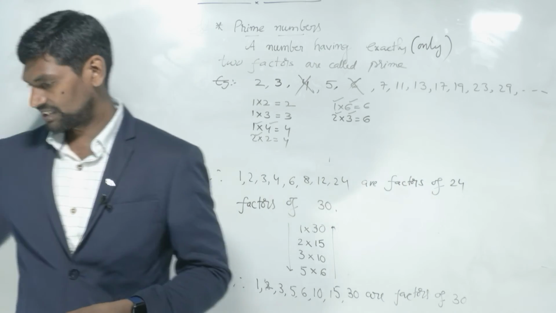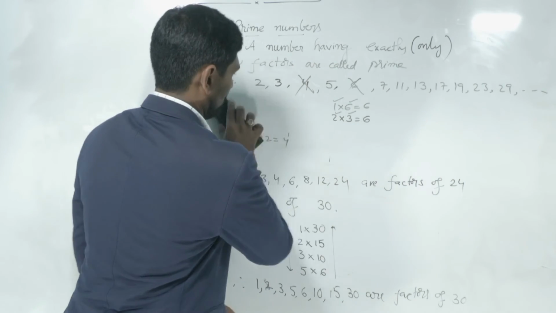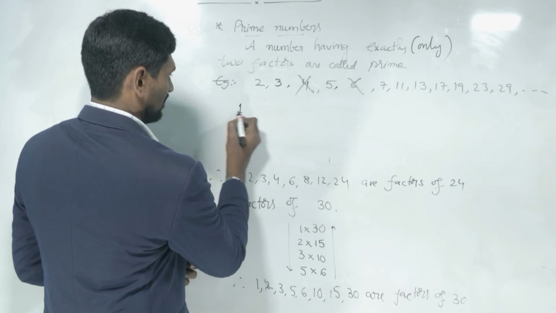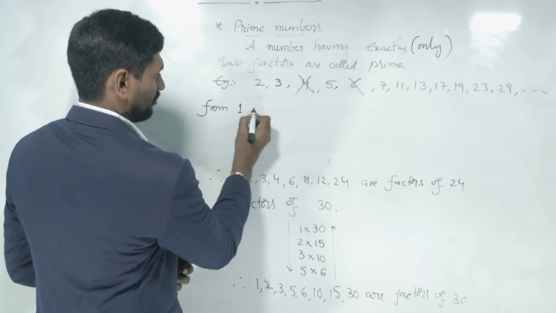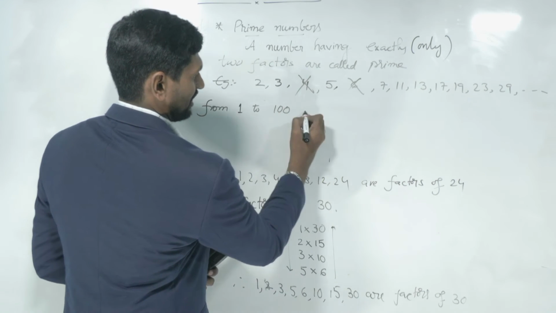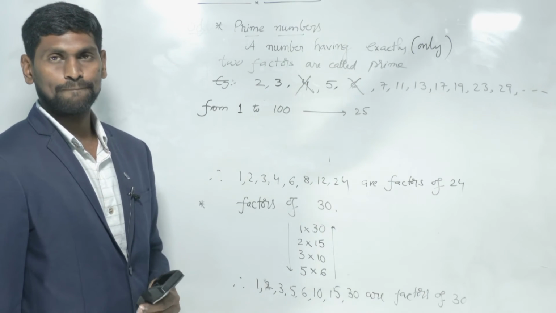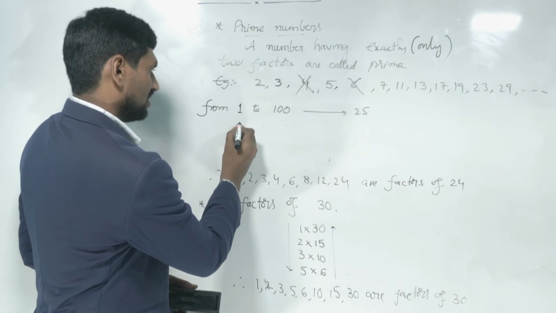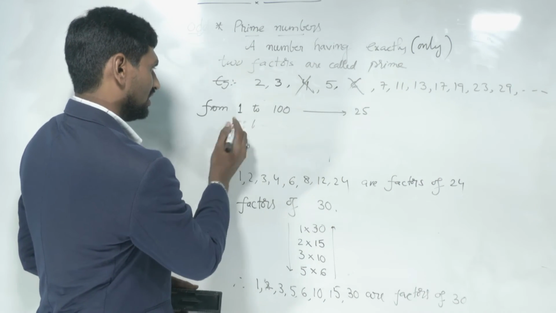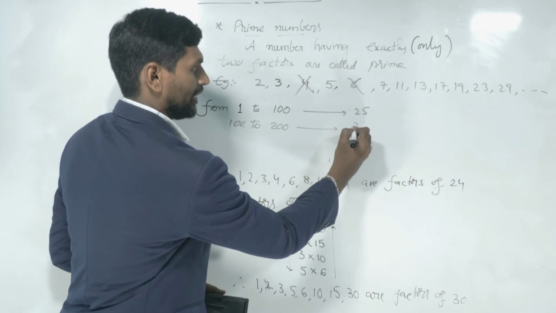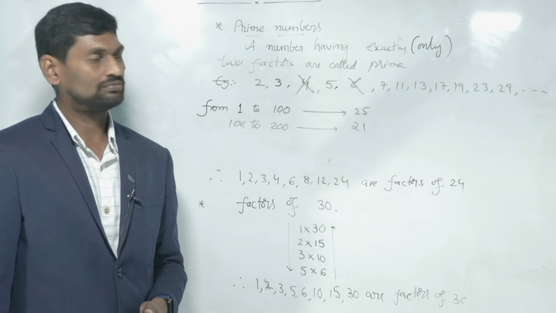Now while you are finding this, from 1 to 100, there are 25 prime numbers. Similarly from 100 to 200, there are 21 prime numbers.